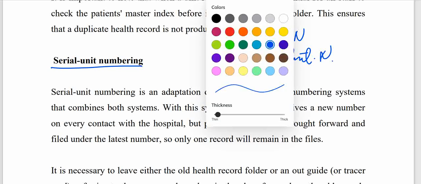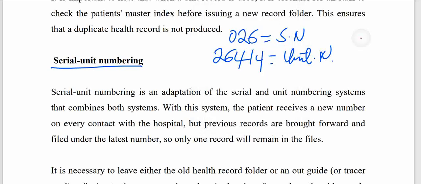How do we do that? We first write, because the first is what? Serial. We can start with serial 0, 2, 6. Okay? And then either we put a dash and we say 2, which is unit, 6, 4, 1, 4.